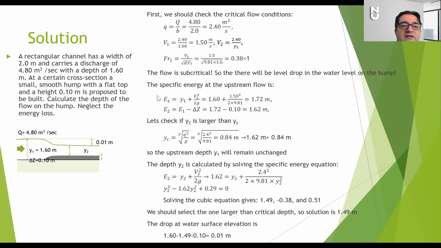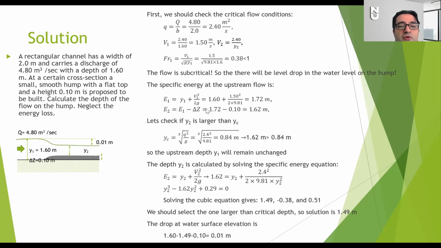Let's first calculate the specific energy at point 1. The specific energy at point 1 is easy: y1 plus velocity squared over 2g, and it is equal to 1.72 meters. This is the specific energy. As I told you, calculating the specific energy at point 2 is quite simple. You should subtract the height of the hump from the specific energy at point 1.